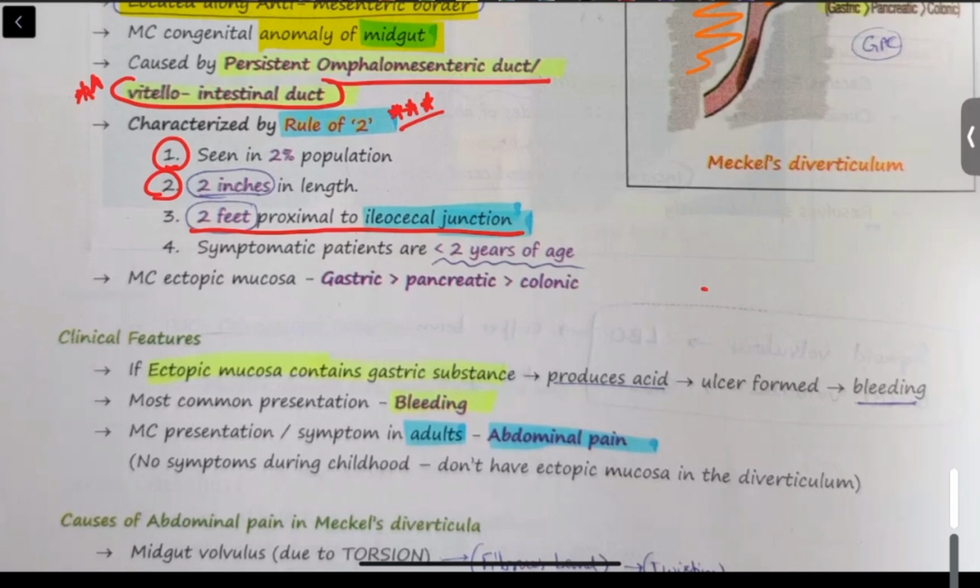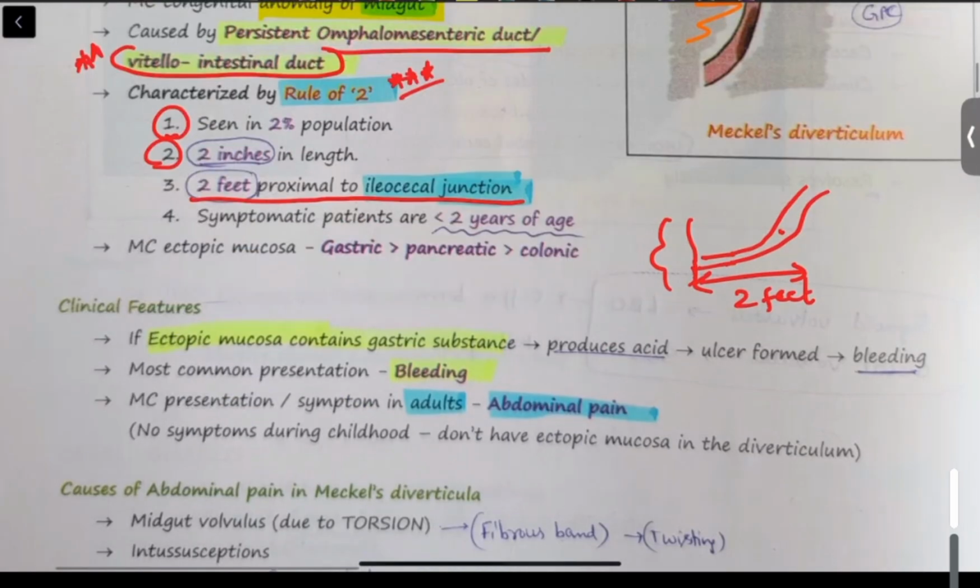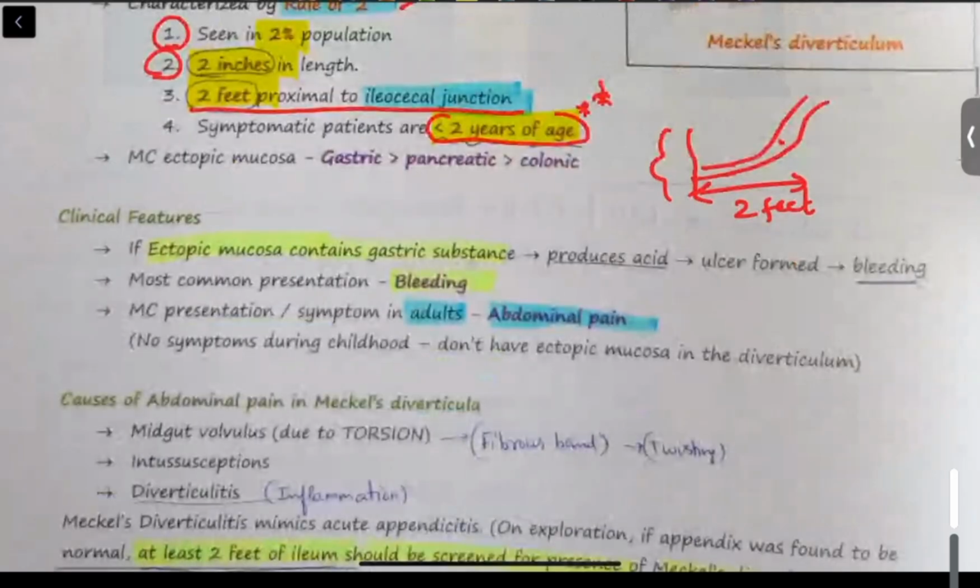So if the ileum is opening into the cecum, then 2 feet proximal to this junction, this diverticulum will be happening, and it is usually symptomatic. Patients are usually less than 2 years of age, that is children. So these are the rule of 2: seen in 2% of the population, 2 inches long, 2 feet proximal to the ileocecal junction, and seen in children under 2 years of age.